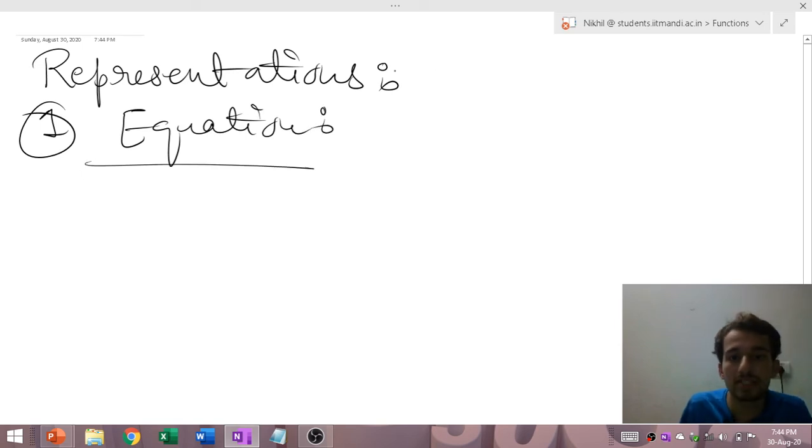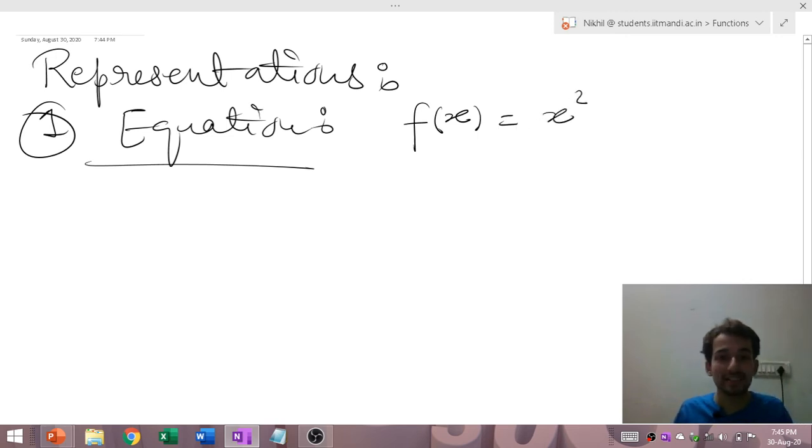For the simplest case, suppose I choose f(x) = x². Now what I have just written is a way of representing a function by an equation. This equation is a quadratic equation, of course.